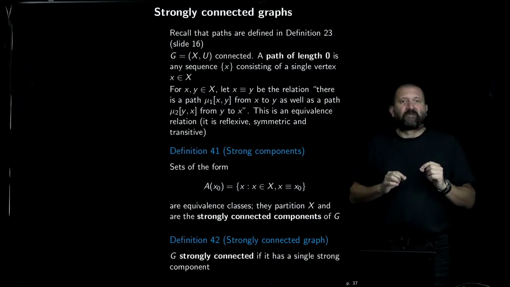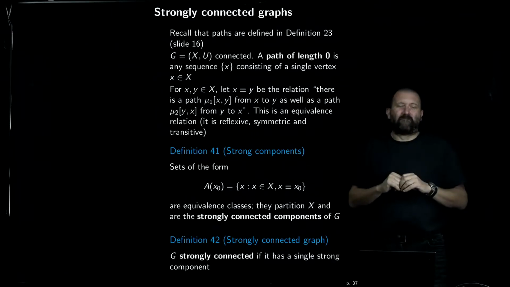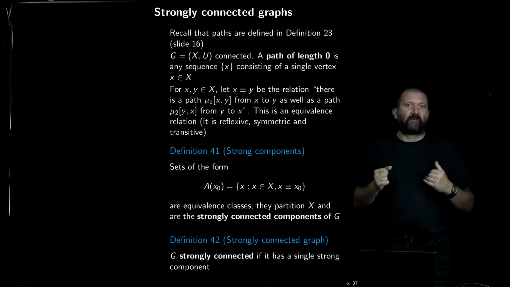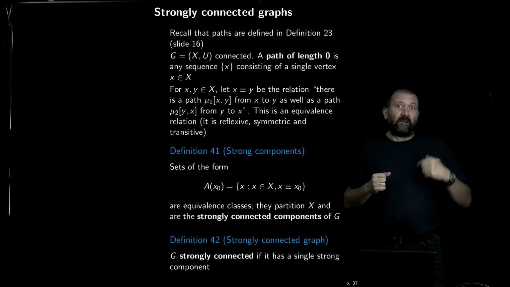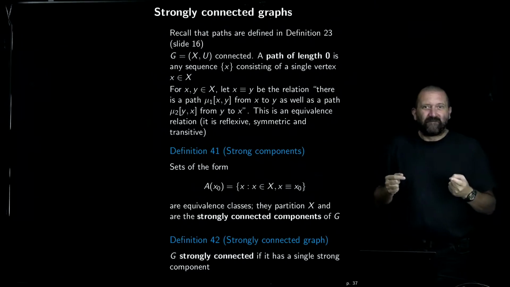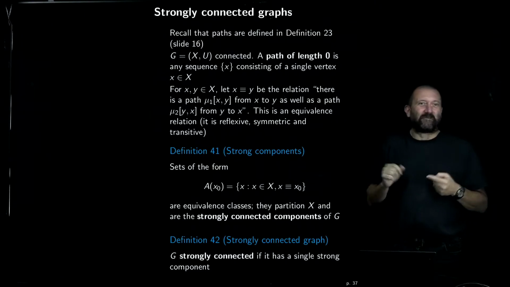This is an equivalence relation, and we've seen equivalence relations before, very briefly, but I'll remind you that to have an equivalence relation, the relation needs to be reflexive, symmetric, and transitive. Reflexive means that X is in relation with X, which is obvious. At least there's a path of length 0 between X and itself.